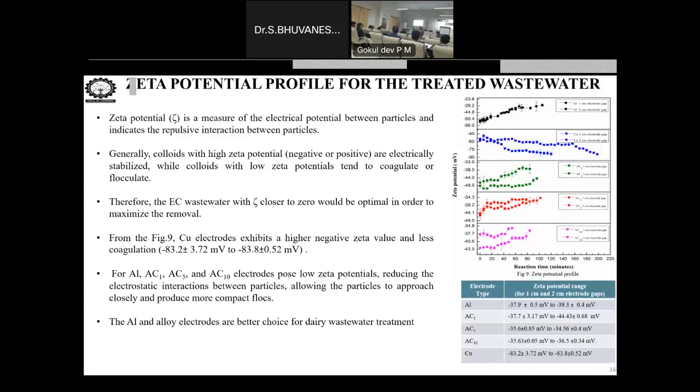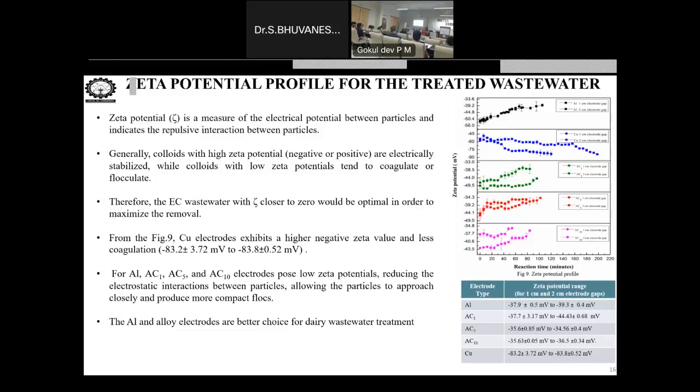If it is high, what do you mean by that? I am not asking with respect to surface charge. If zeta potential is having a high value, what does it infer? Stability is very less, so the particles will be settled. That is zeta potential high.